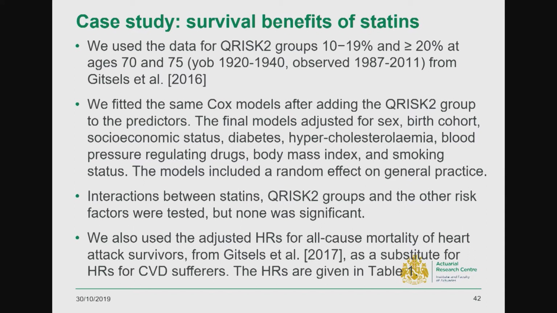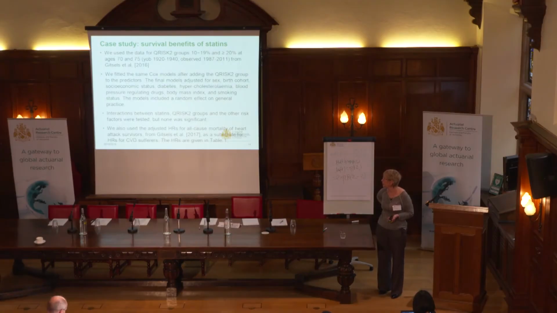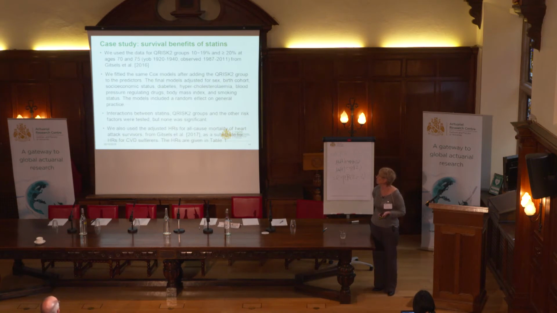So we basically used exactly the same models as in that paper, but we did add Q-risk group, and we also looked at the possible interaction between Q-risk and statins. And those models were adjusted for quite a few variables, including sex, birth cohort, socioeconomic status, diabetes, blood pressure, as you see, BMI, smoking.